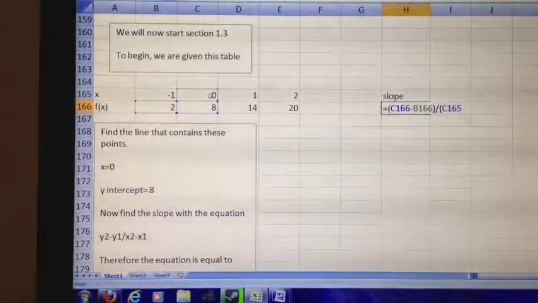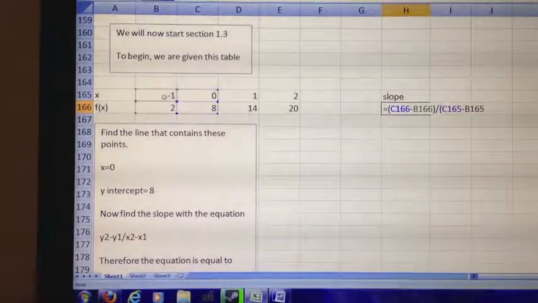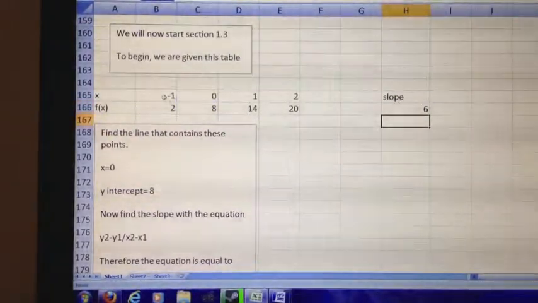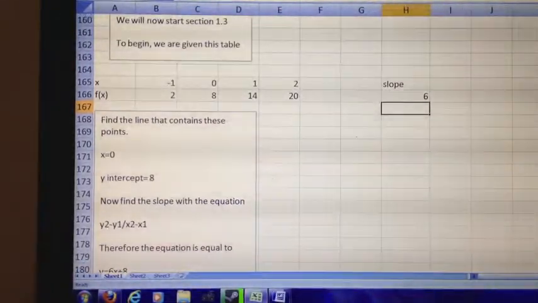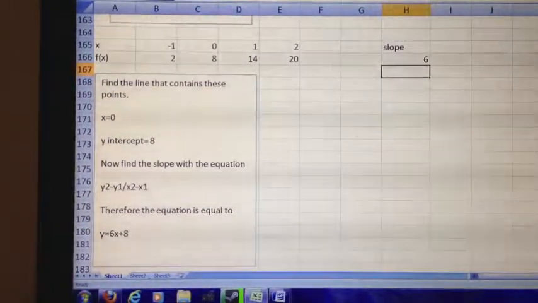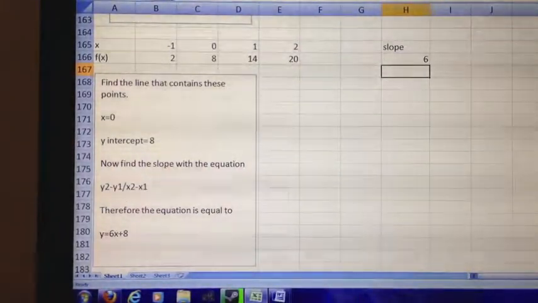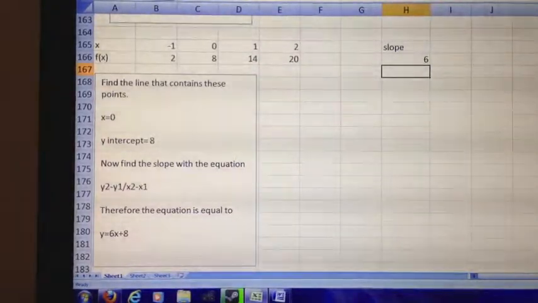So we'll do 0 minus -1, close our parentheses, hit enter, and our slope is 6. So since we know this, we could put it into our mx plus b equation, and we get y equals 6x plus 8 is our equation for these points.